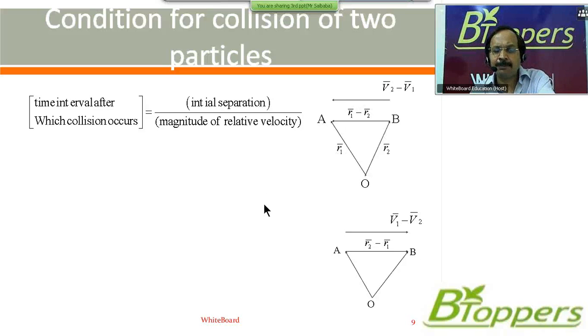That means the relative velocity of the second particle at the point B with respect to the first particle at A is directed towards the first particle at A. In the second figure I have shown R2 bar minus R1 bar.